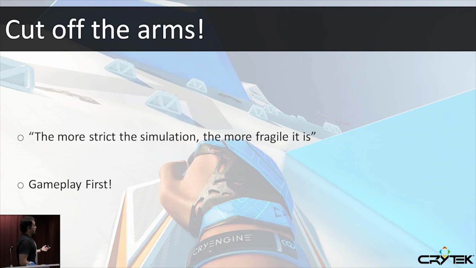The second thing we did was basically cut off the hands. This was a very conscious decision, and we went back and forth with it. But our lead programmer, Dario, had this very precise statement, and I agree with it: the more strict and the more complete the simulation you make, the more fragile it is.